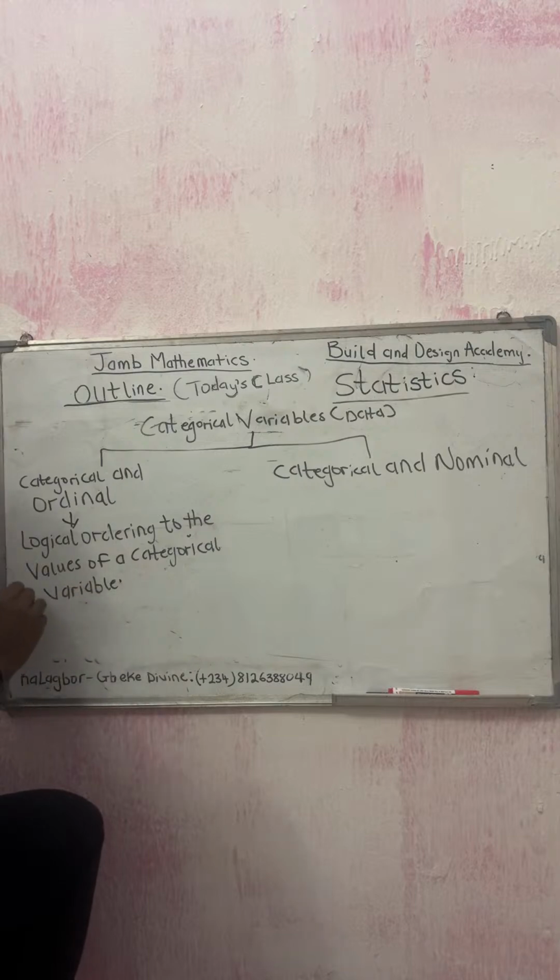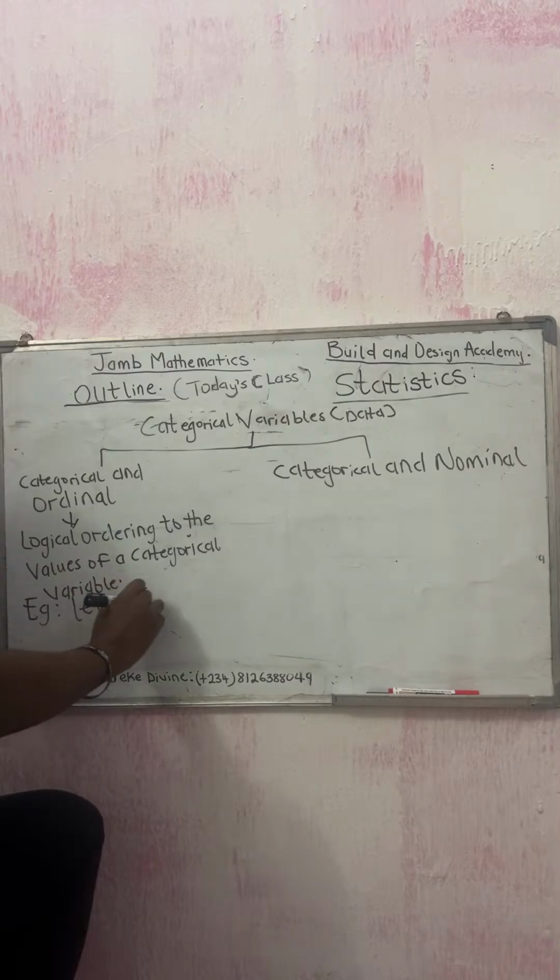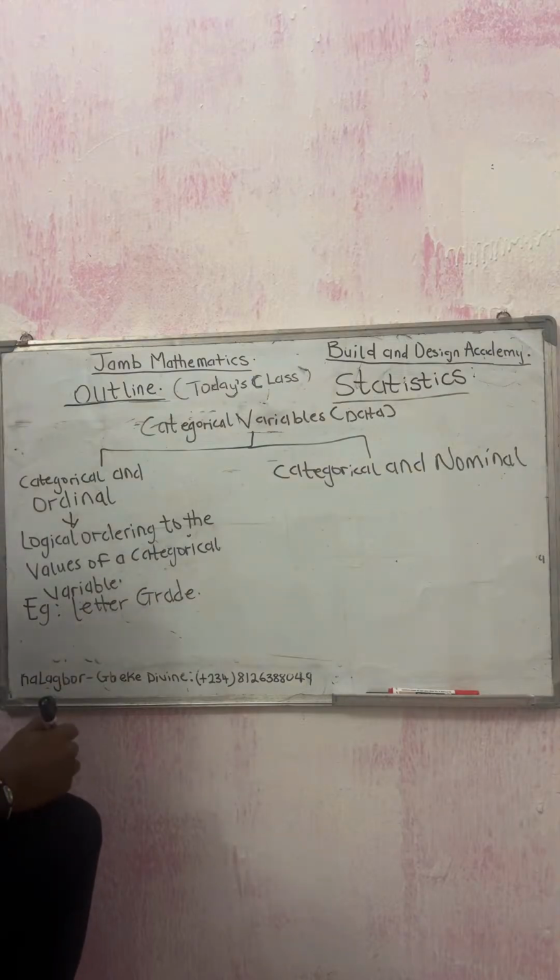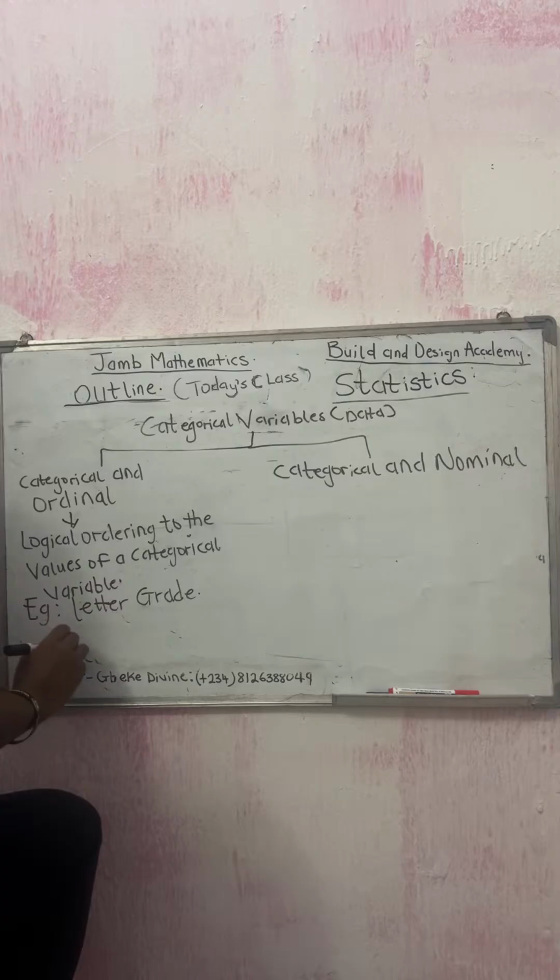Example, when we say letter grade, we can arrange them in logical ordering. I don't like writing F, let me change it to E. I don't pray for anybody to fail.